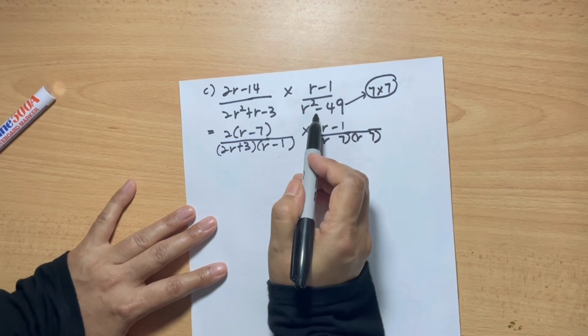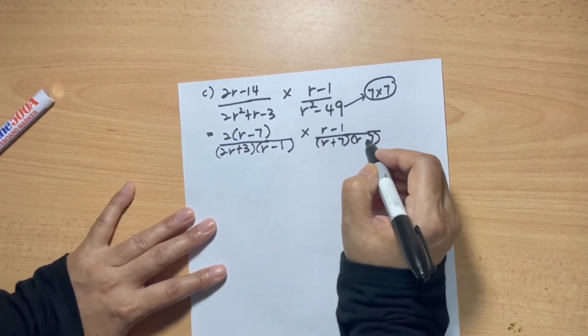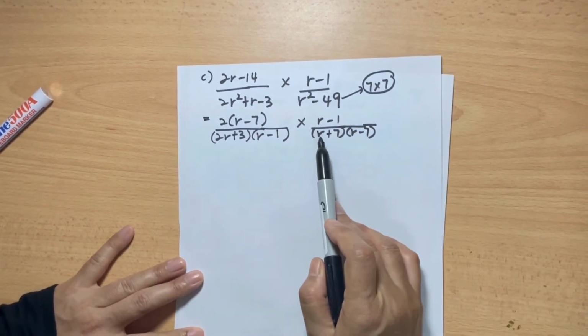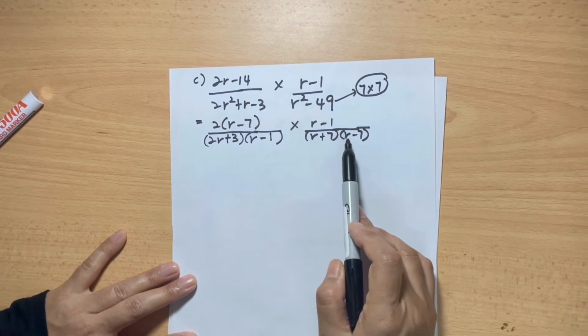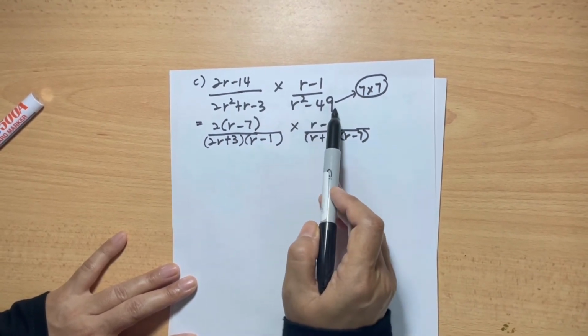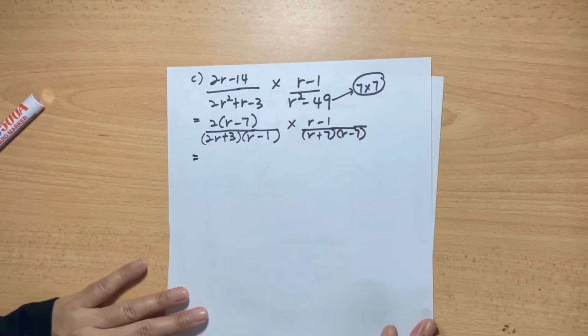Here we have negative, which means one is positive and one is negative, where when you multiply back r plus 7 times r minus 7, you will get back r squared minus 49.